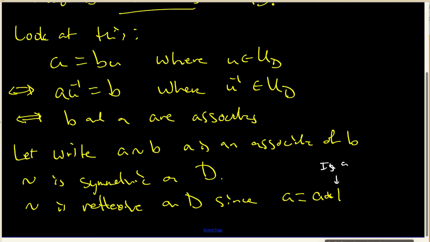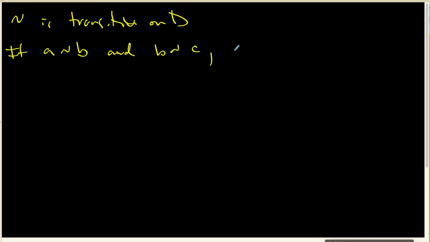Let me write that more properly: 1 is a unit inside D, and so this would say A is indeed an associate of A. Finally, it's worth noting that the associate property is also transitive on D. In other words, if A is an associate of B and B is an associate of C, then A is going to be an associate of C.